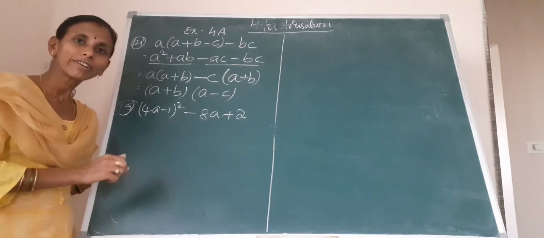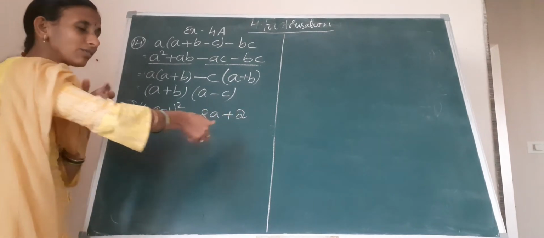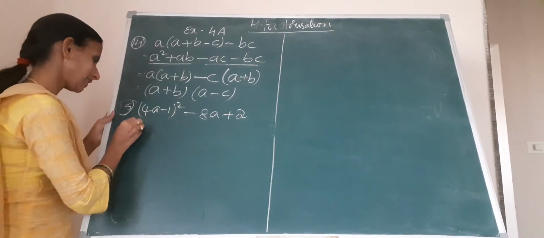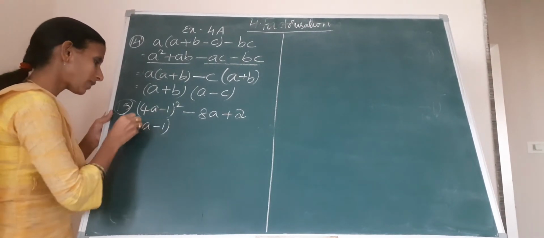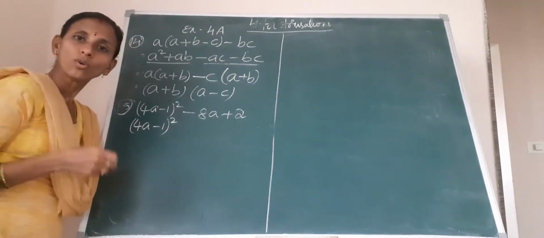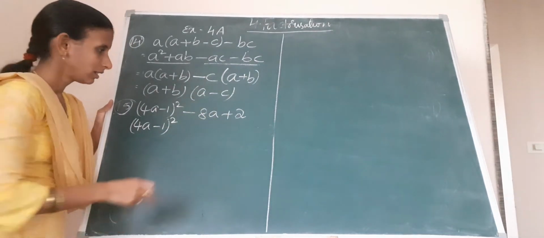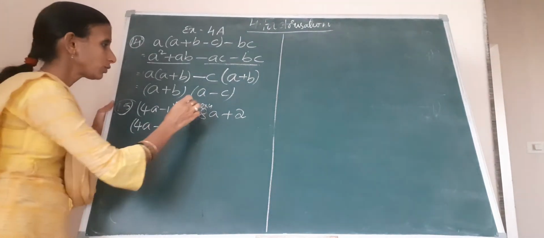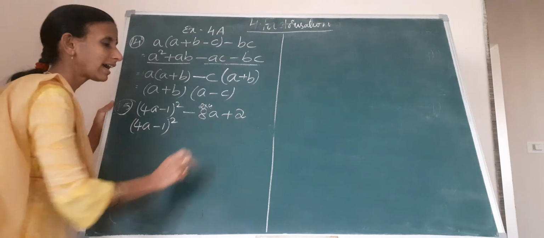In turn, we will take the common factors of the next terms in that expansion. Means this we will write as it is, 4a minus 1 whole square. And here in this 2, what common we can take? This 8 we can write it as 2 into 4, and we have 2 here.